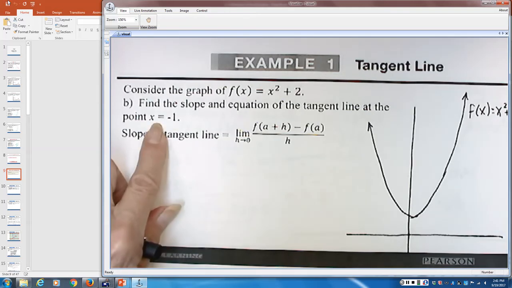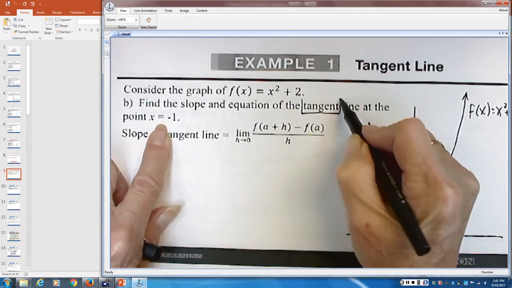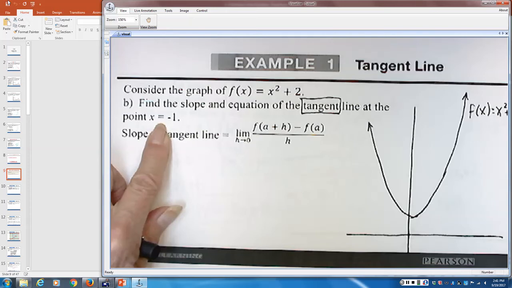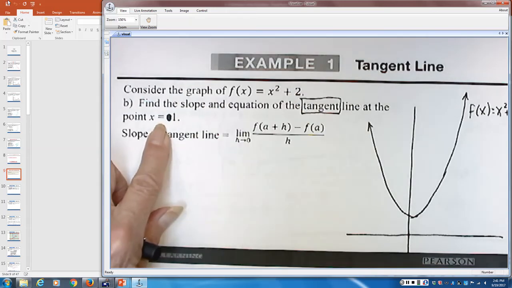And we're interested in the slope and equation of the tangent line this time at the point x equals, and we're going to stick with a positive point.